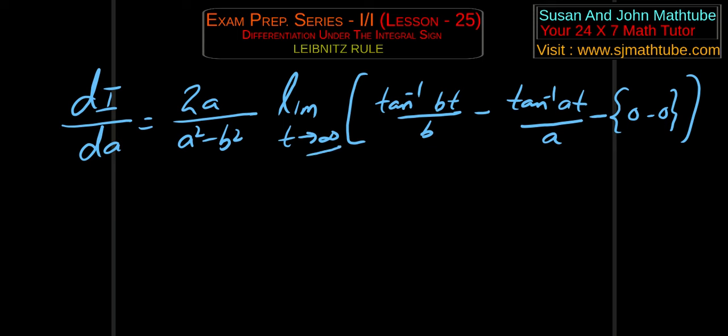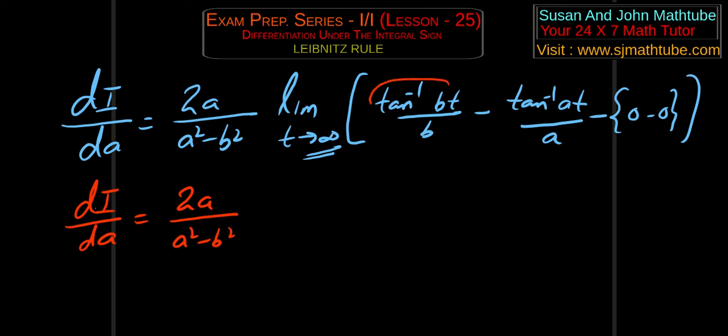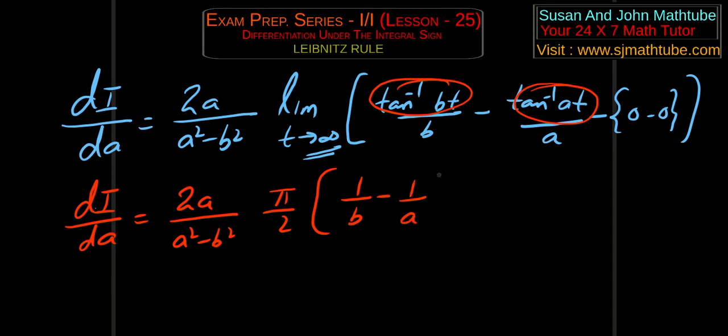I know the fact tan inverse infinity is 90 degrees, and now I don't want you to waste more steps, so we can skip a few steps and write pi by 2. This will become pi by 2, this will become pi by 2. So pi by 2 comes common and you get 1 by b minus 1 by a.